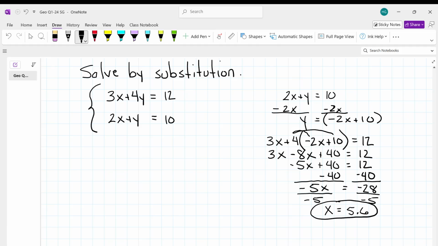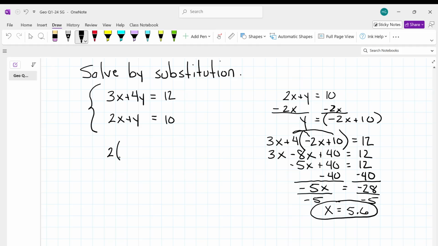Now we have an x value. Once you have this x value, you can go back to either one of the original equations, the top one or the bottom one. I'm going to use the bottom one because there's nothing in front of the y. We're going to substitute what x equals into the equation.